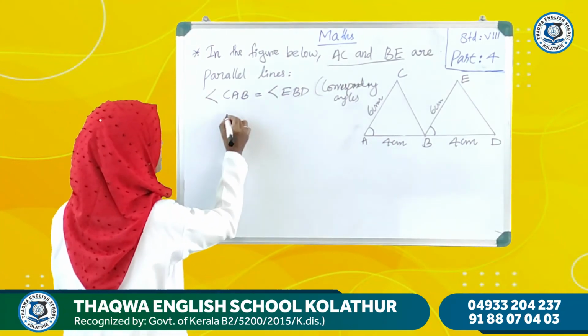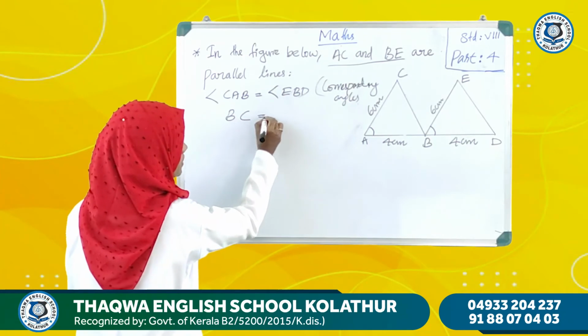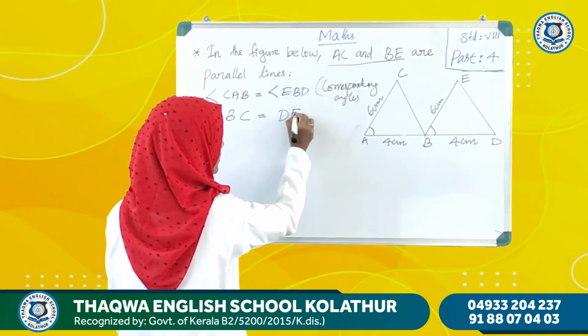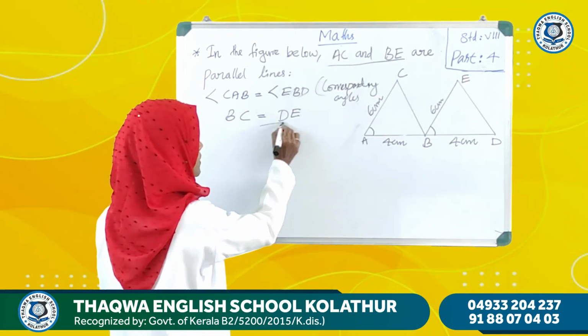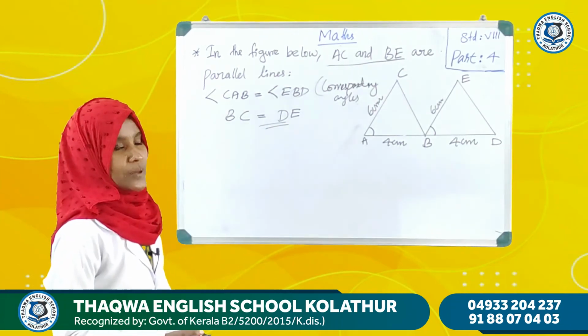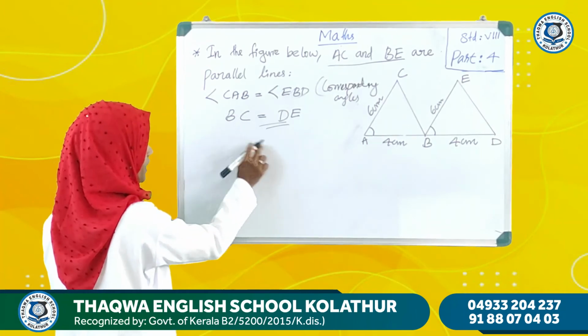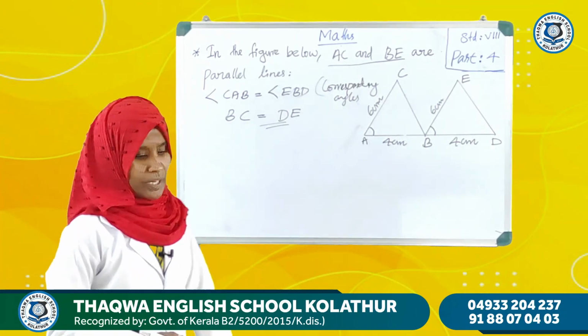That is, we can write BC equals DE. This is our first part of the question.